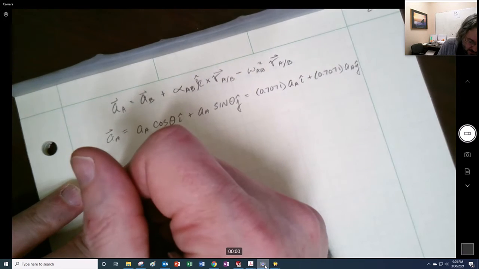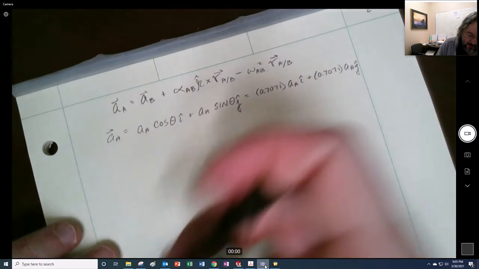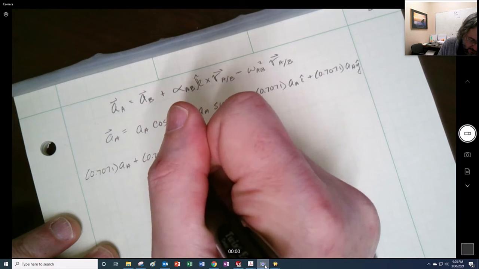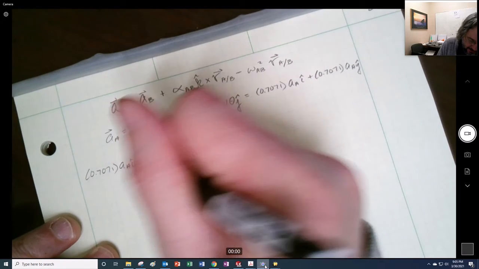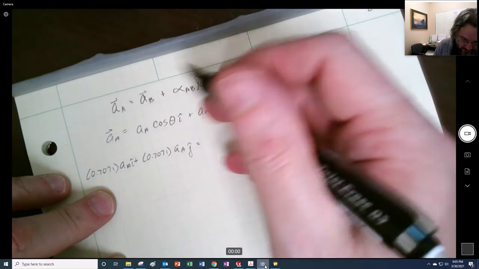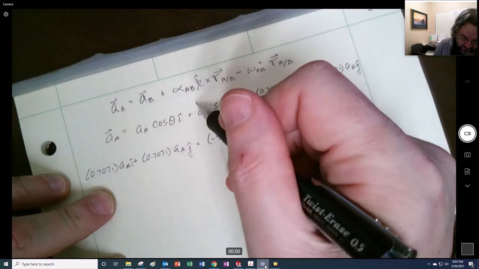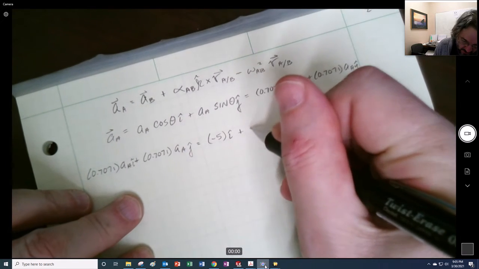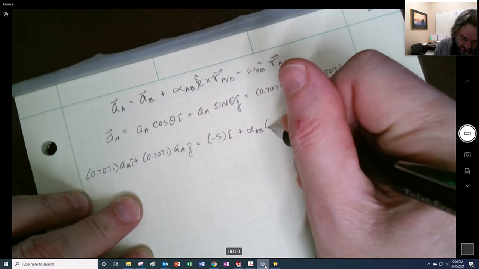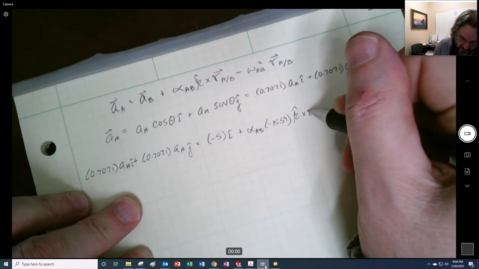Okay, so let's start writing this thing out. Let's start filling this out right here. I'll write it out the same order I had it up here. 0.7071 acceleration of A i plus 0.7071 acceleration of A j is going to be equal to, oh, okay, no, we already have this, yeah, so it's going to be a negative 5 i, and then plus alpha AB times the first part of our position vector, which is negative 15.59, k crossed with i.